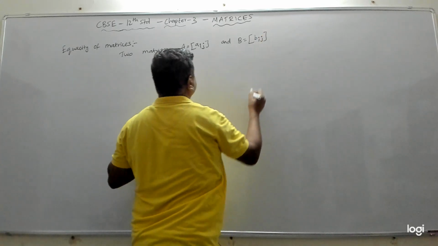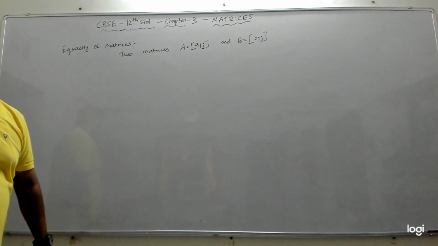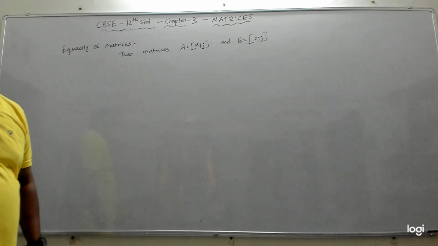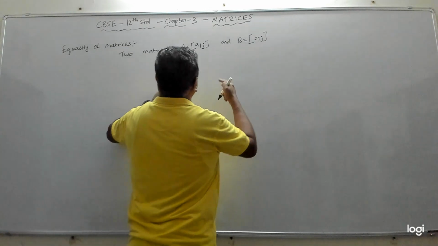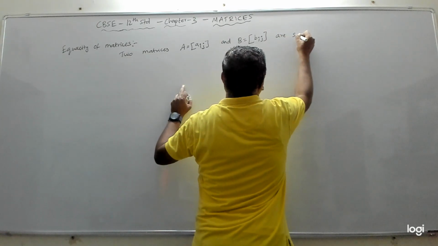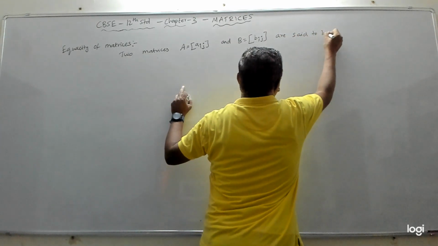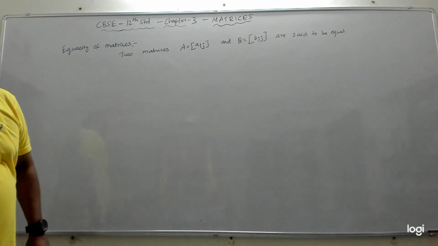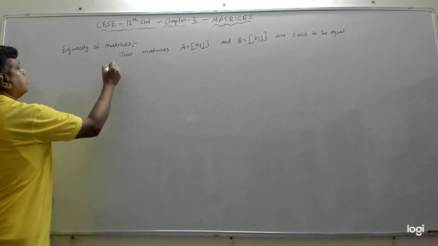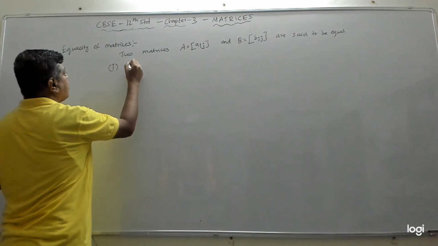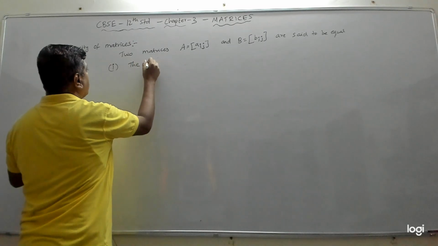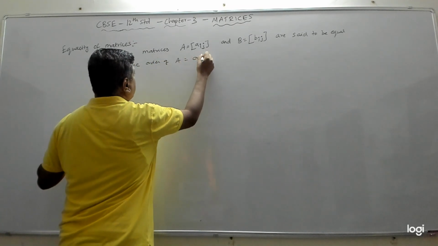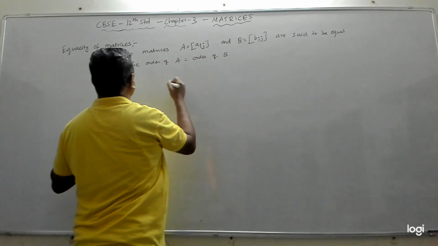In short, we'll write it like this. Two matrices A and B are said to be equal if two conditions are satisfied. If their orders are the same, the order of A equal to the order of B matrix.